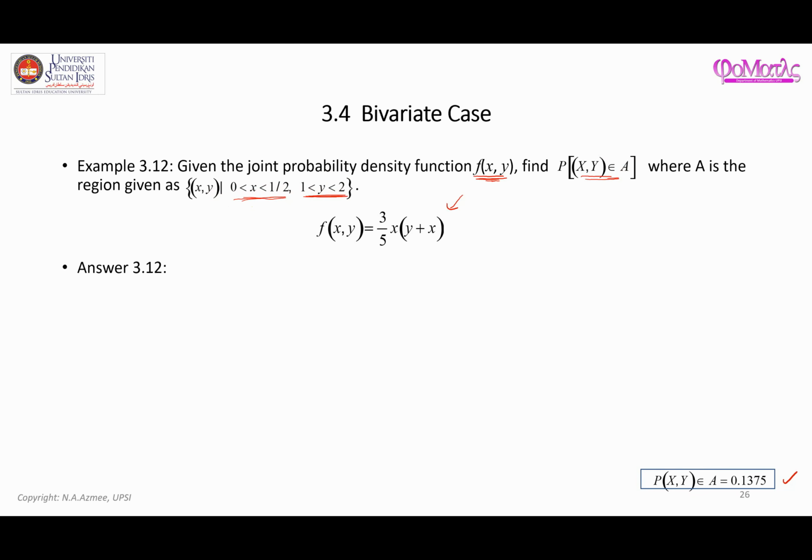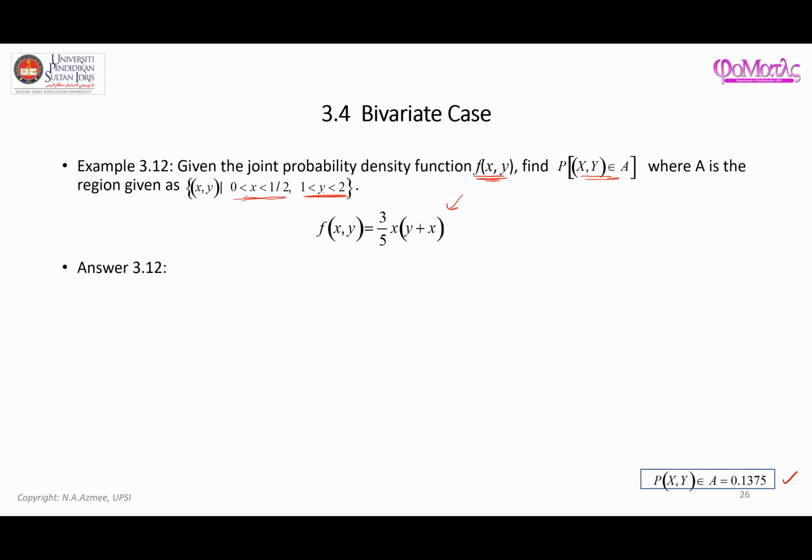So we're going to find the probability of our two random variables being in that defined region. We have to integrate this joint probability density function twice, first with respect to x or y.